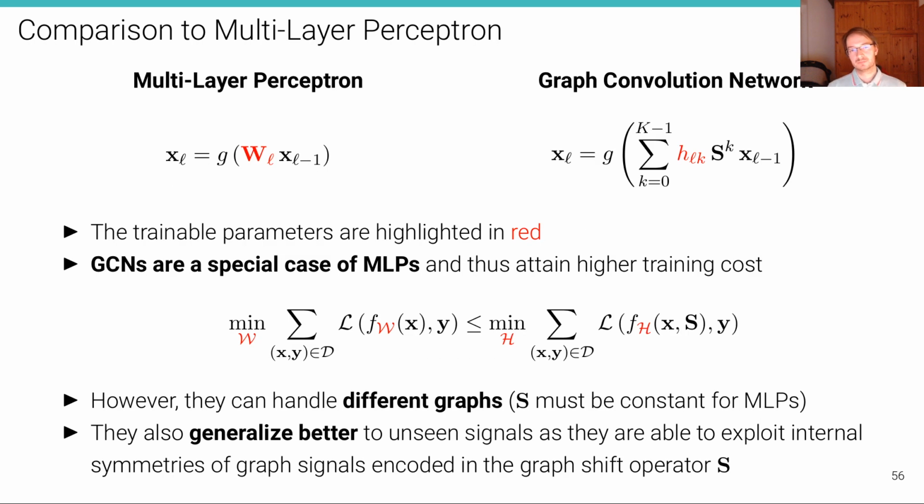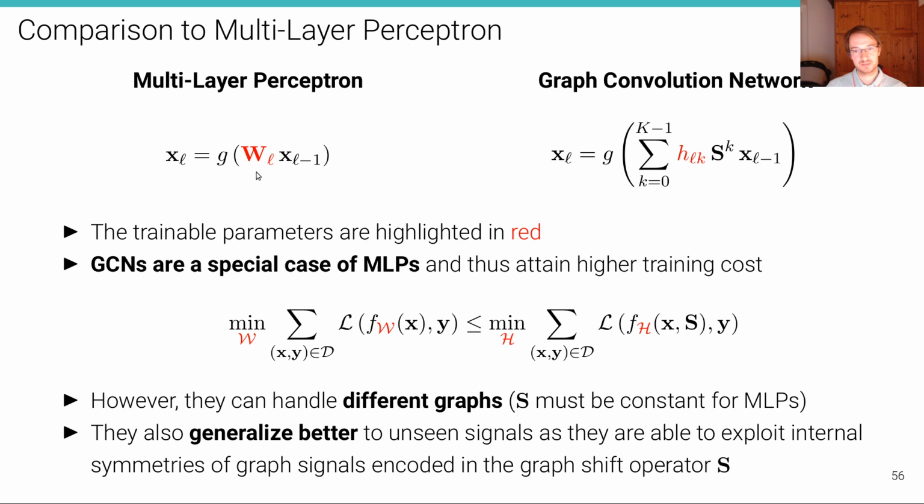Now, as we mentioned before, graph convolutional networks are more flexible than CNNs, but they are less flexible than multilayer perceptrons, as they are a special case of multilayer perceptrons. If we consider a very simple form of a multilayer perceptron with a pointwise nonlinearity g, let's say a sigmoid, and ignoring the bias for now, we can define this recursively using this representation.